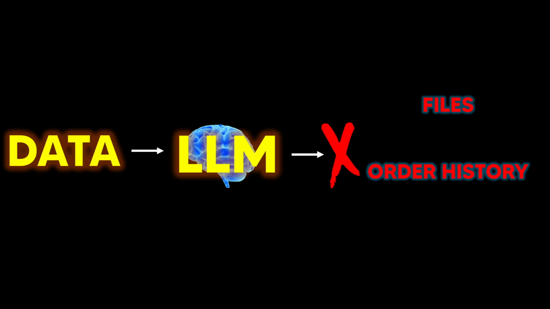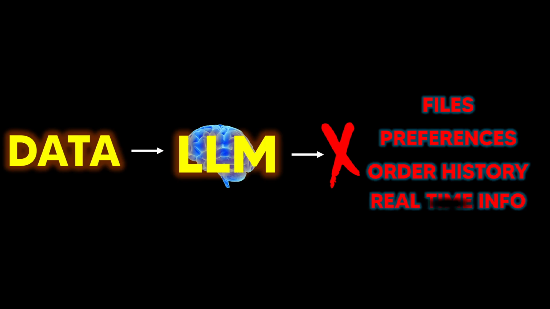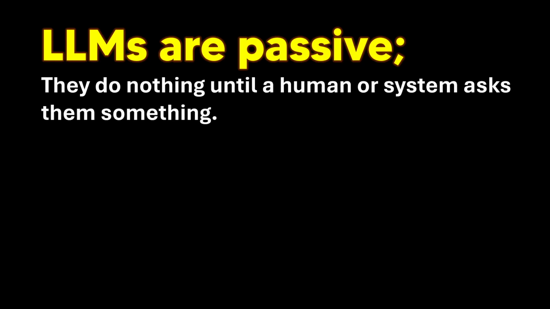Or your order history from Uber, it does not have access to it. Or your preferences, what you like, it does not have access to those things, or even your real-time information. So in this case, LLMs are actually passive, right? That's what you need to understand. They do nothing until a human or system asks them something.